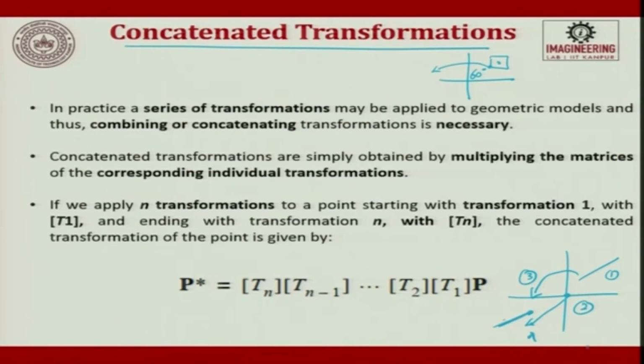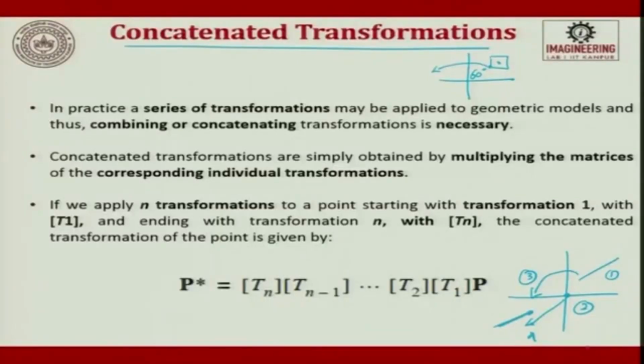If several steps are involved, you have to follow a sequence of operations. That is called concatenate transformation or concatenation. This is followed in robotics, in CAD, and also when you work with drones.